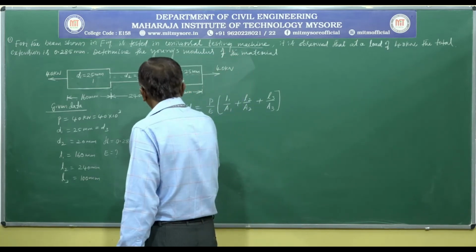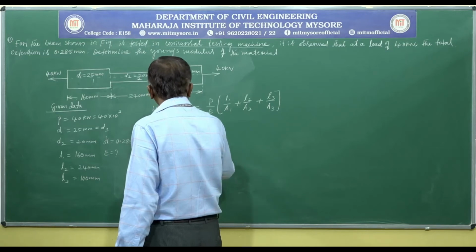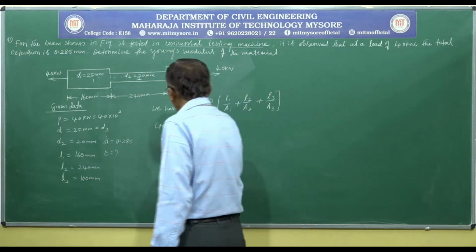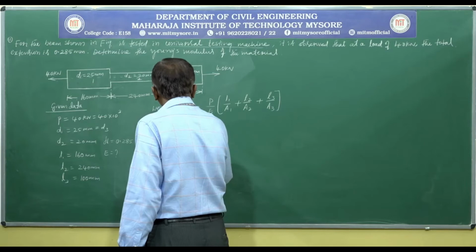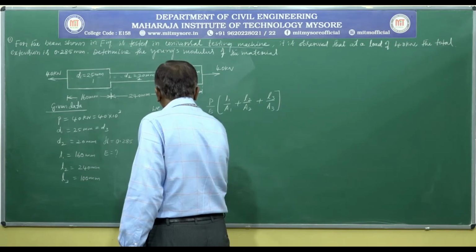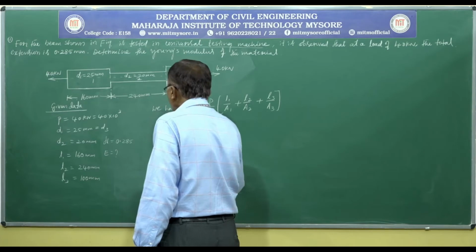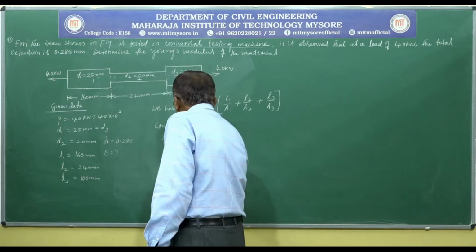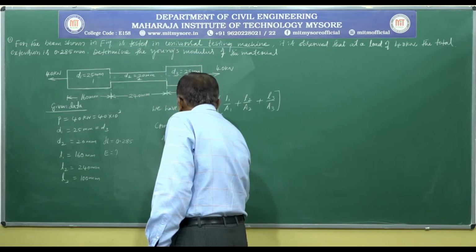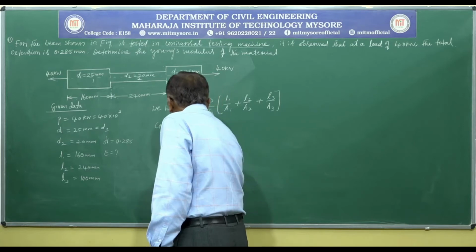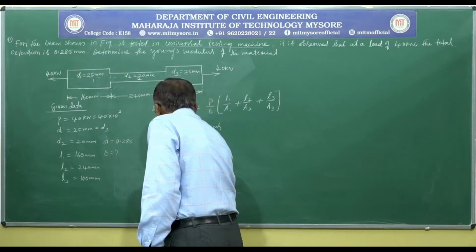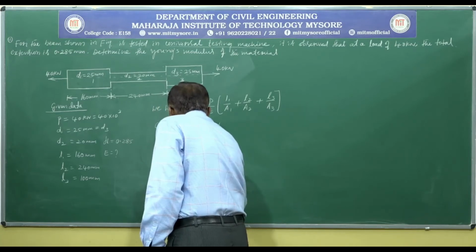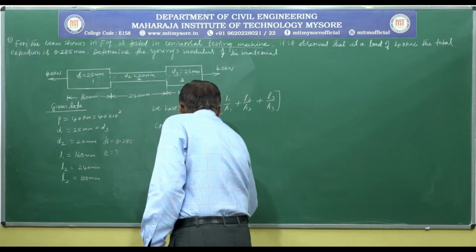Cross sectional areas: A1 is equal to pi d1 square by 4, that is equal to pi into 25 square divided by 4, that is equal to 490.81 millimeter square, and you can write directly A3 is equal to 490.81 millimeter square.